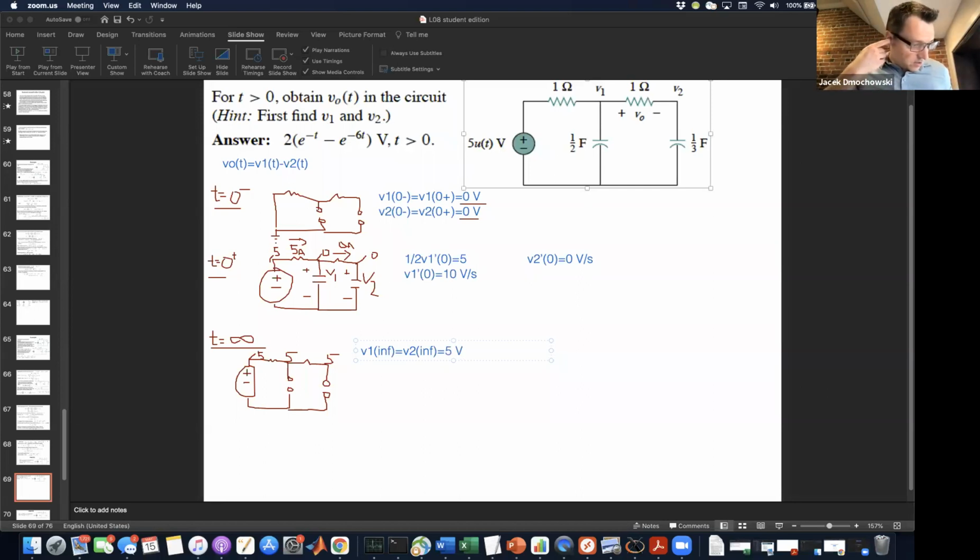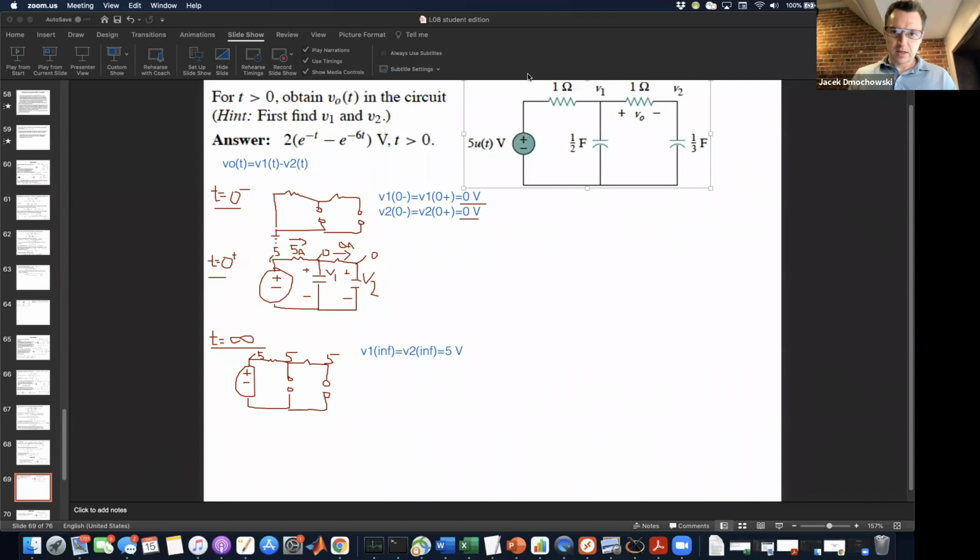Okay, so now we have our initial condition for both capacitor voltages, the initial derivative of both capacitor voltages, and their final voltages. So now we are ready to proceed to the natural response. So what I'm going to do is just erase this.